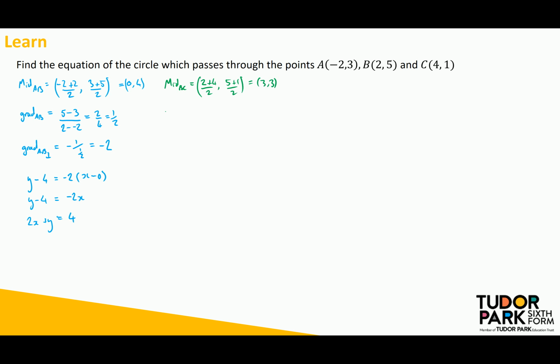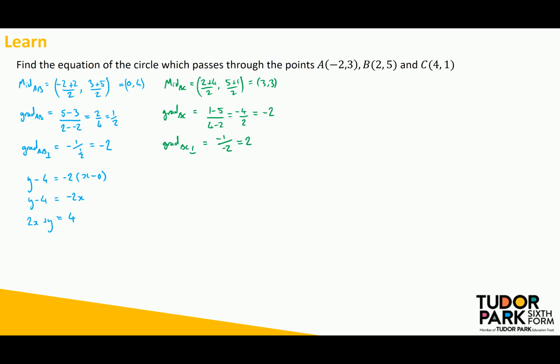I need to find the gradient of BC, which is going to be 1 minus 5 over 4 minus 2, which is negative 4 over 2, which becomes negative 2. So the gradient for the perpendicular is going to be the negative reciprocal of that, which just becomes a half.